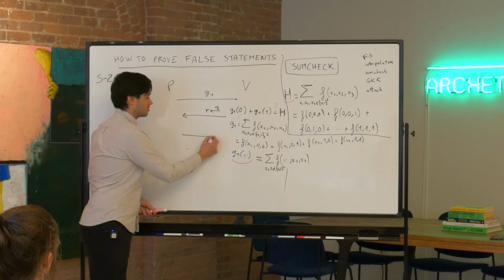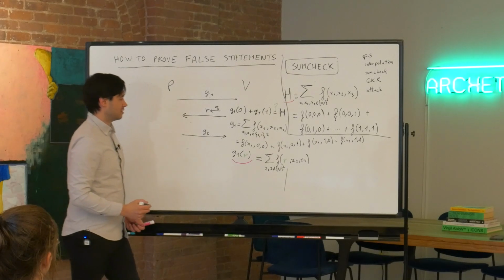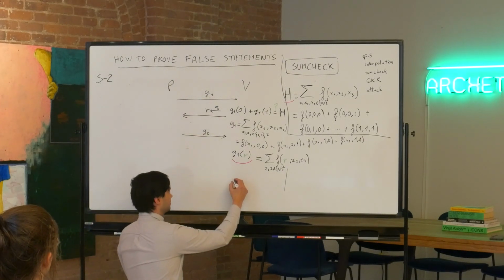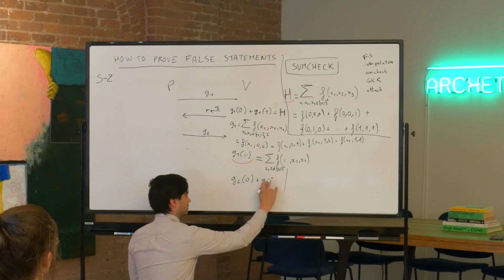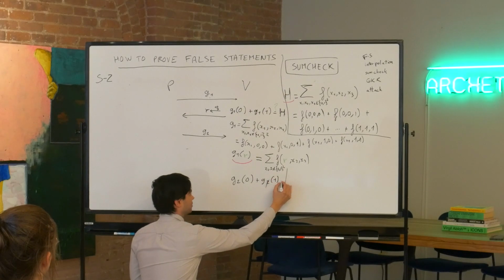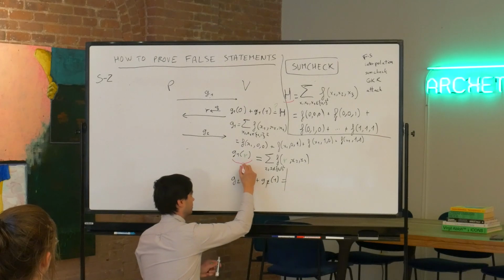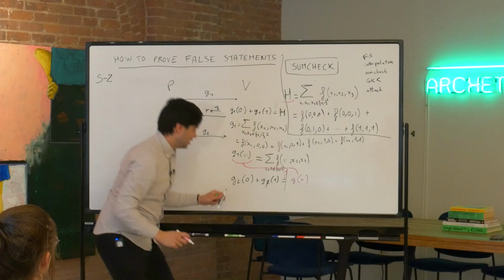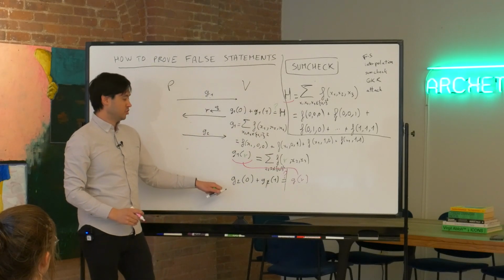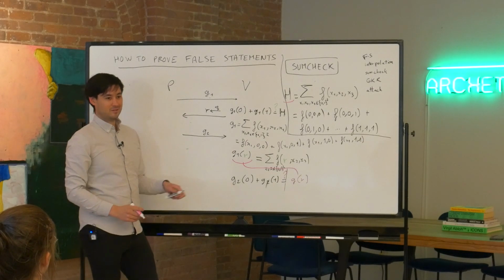The prover sends a polynomial G2, and then the verifier checks if G2 of 0 plus G2 of 1 is equal to this thing here. And if it is equal, we just need to convince the verifier that G2 is computed correctly. Okay, did I convince people here that this works?